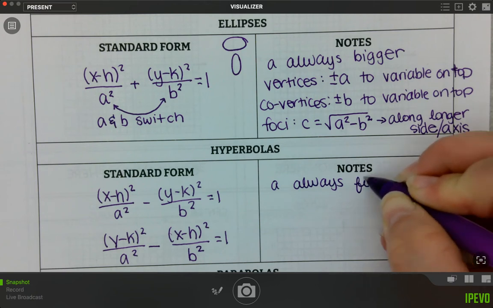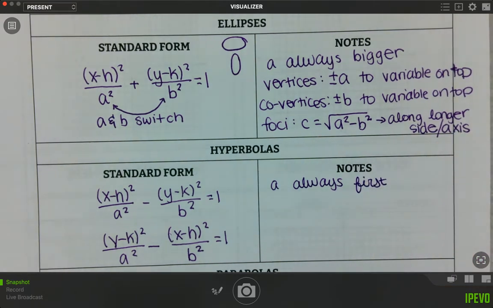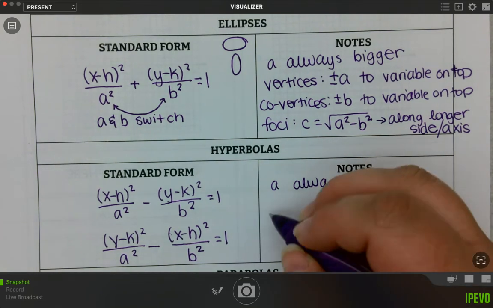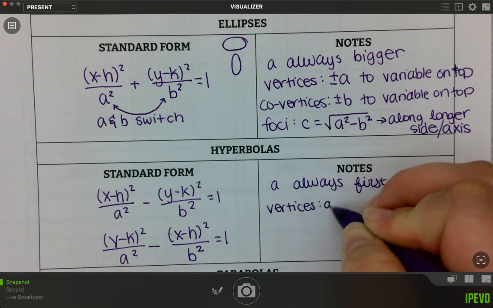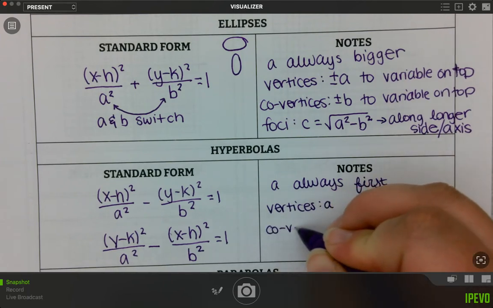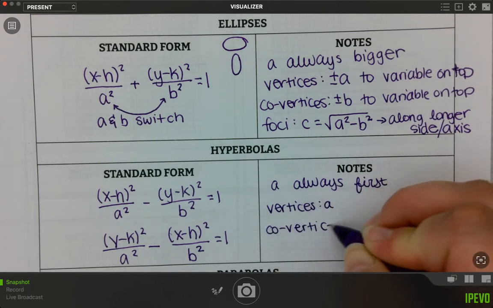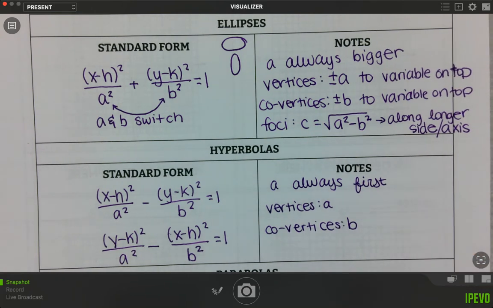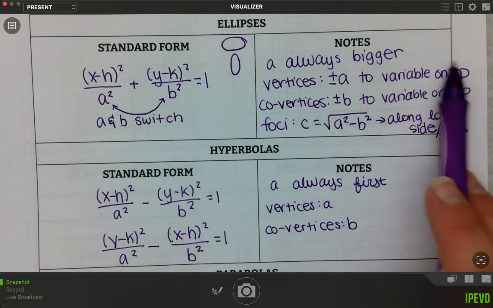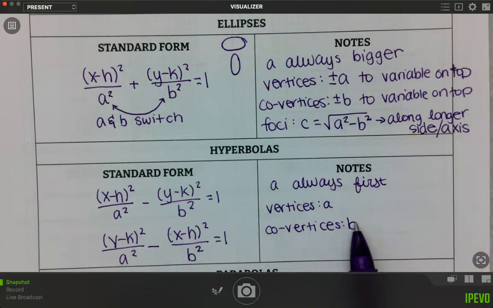So it's not necessarily which one's bigger or smaller, it's which one goes first. And again, the vertices will still go with A, the co-vertices will still go with B, and this same rule applies down here as well.